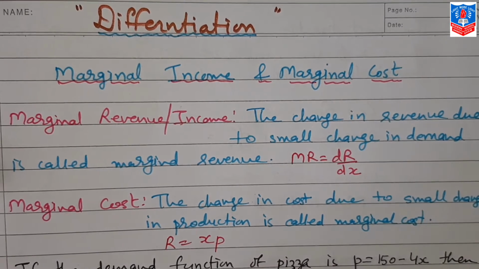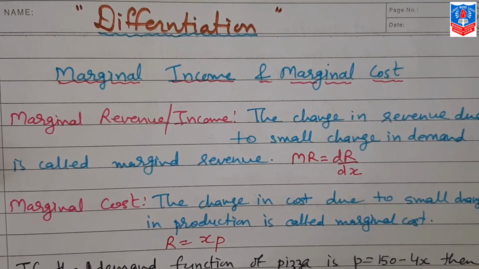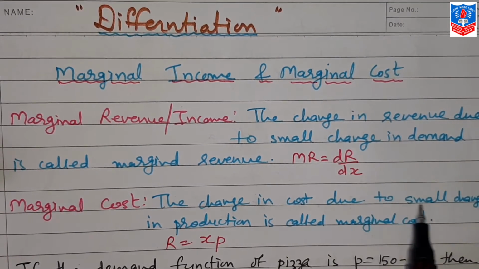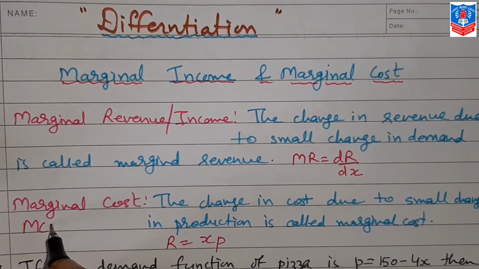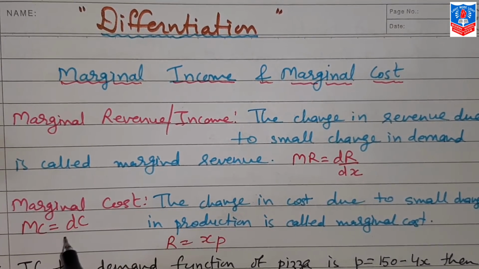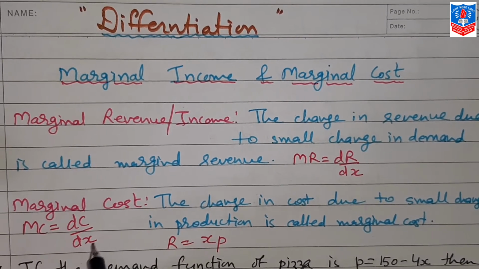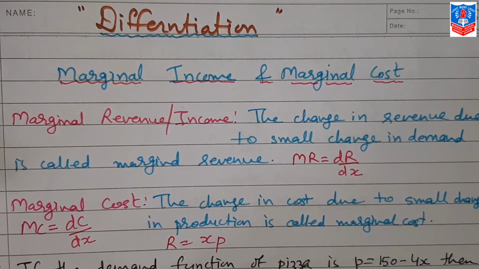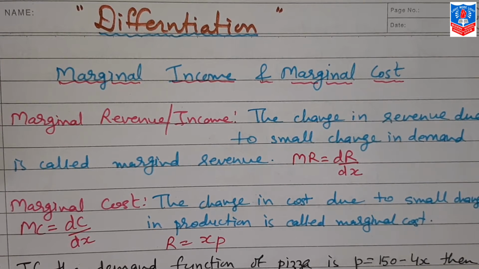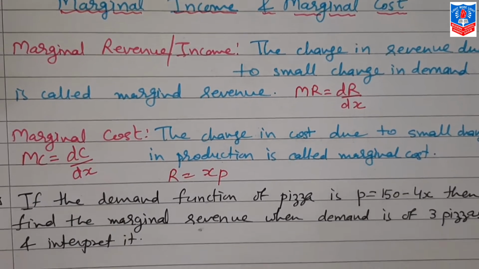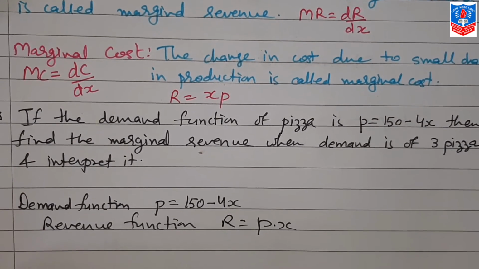In the same way, marginal cost is the change in cost due to a small change in production, and we write it as the derivative dC upon dX. Now let us start sums based on marginal cost and marginal income.